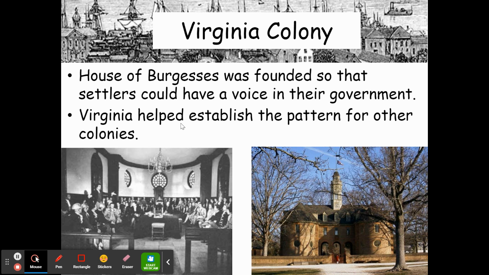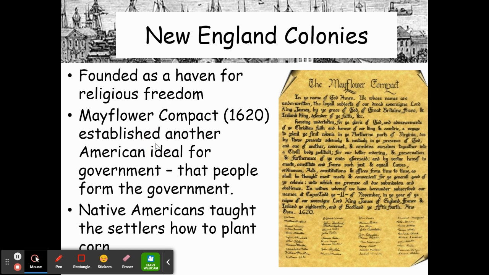Remember, the government over in England's so far away that you needed some sort of governmental system right here at home, because otherwise it's a multi-month long journey across the ocean to even get word back to and from leadership. So you had to have some level of government right here. And so Virginia helped establish this pattern of self-government right from the very beginning in the early 1600s.